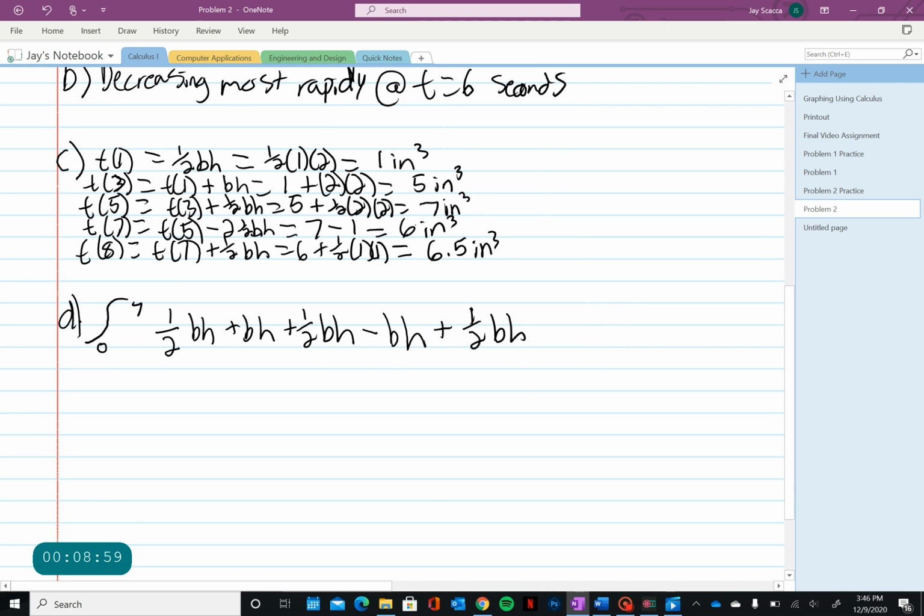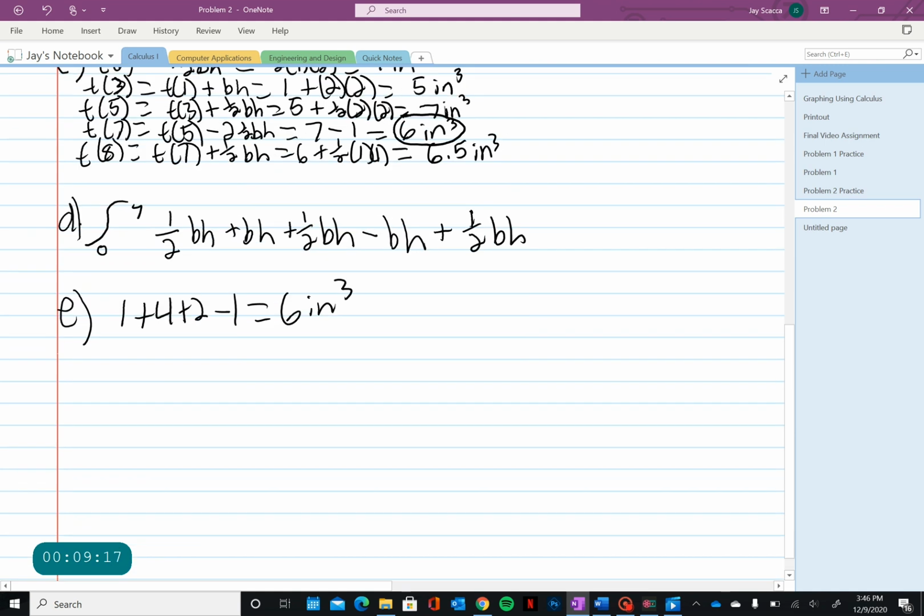And as we got over here, the answer to E, we got 1 plus 4 plus 2 minus 1 equals 6 inches cubed.